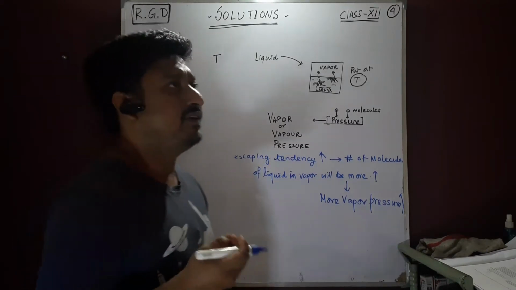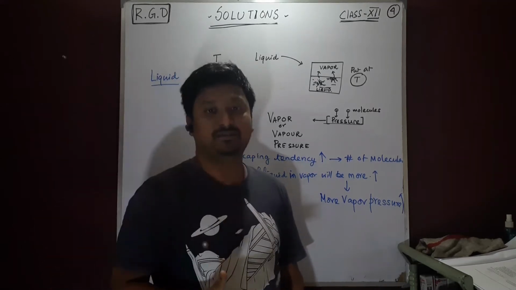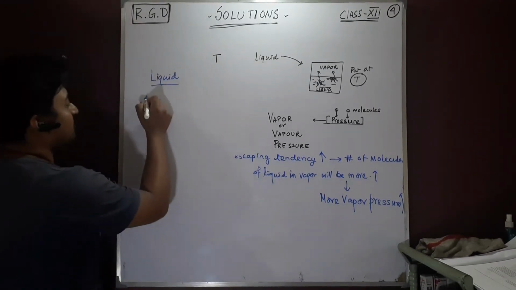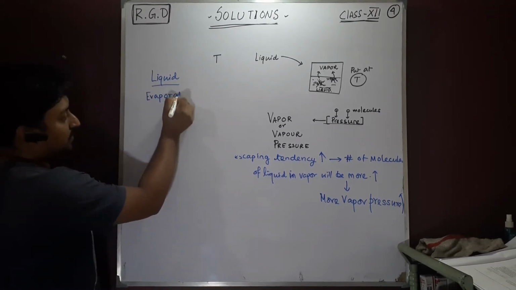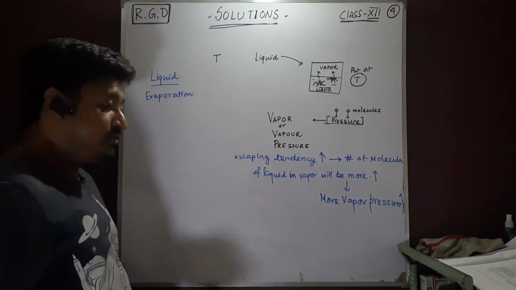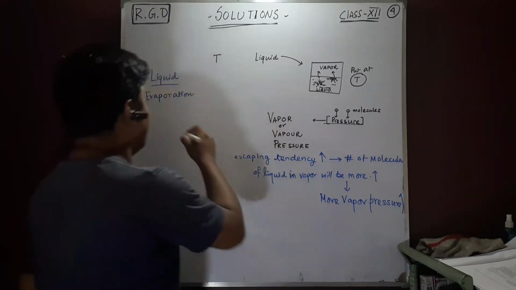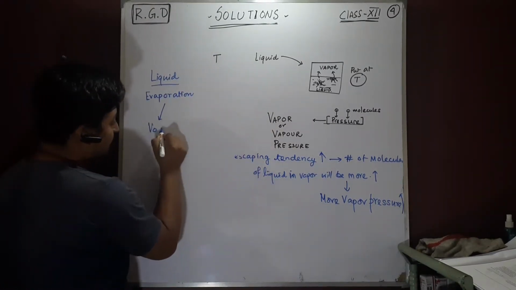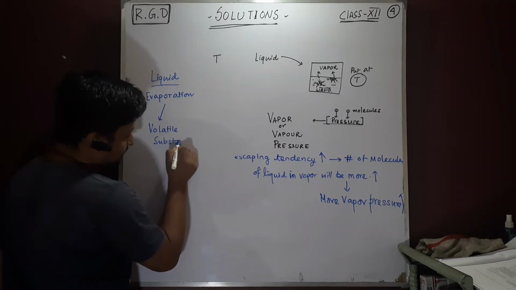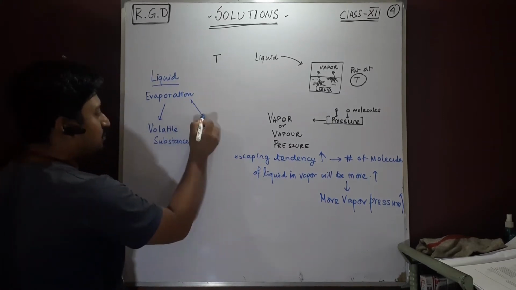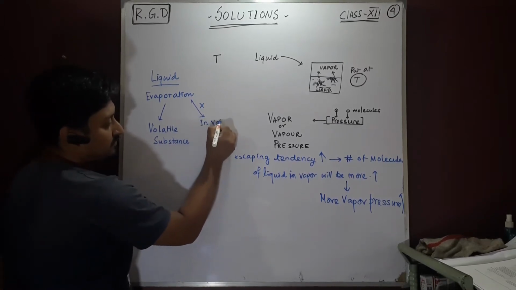They have a high tendency at room temperature to vaporize. This process is known as evaporation. Liquids which evaporate at room temperature are known as volatile substances, and those which do not evaporate are called involatile substances.